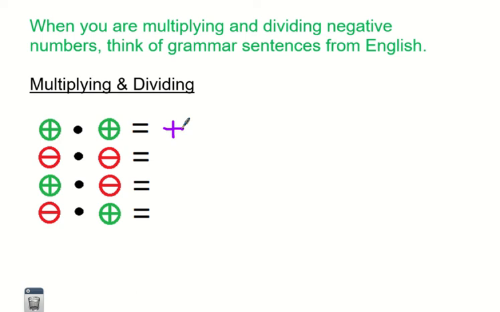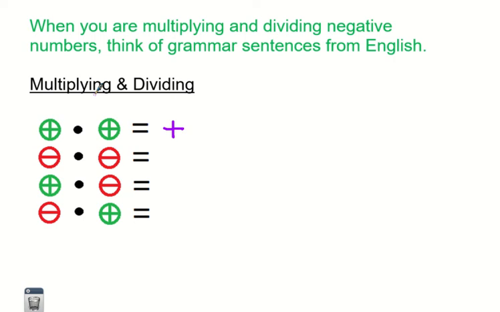But anyway, this is going to be the same as dividing. So a positive divided by a positive will yield a positive answer. So all these answers we're going to write down don't just apply to multiplying, they're also the same as dividing. All right?